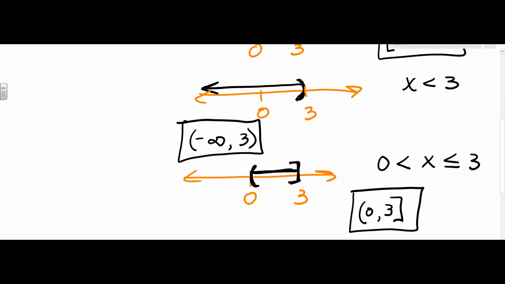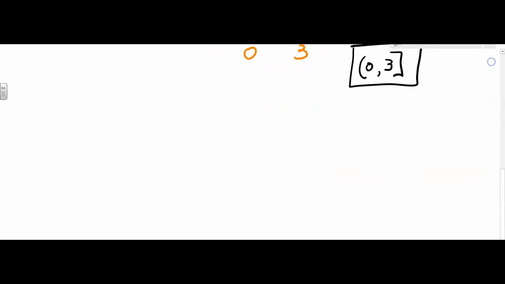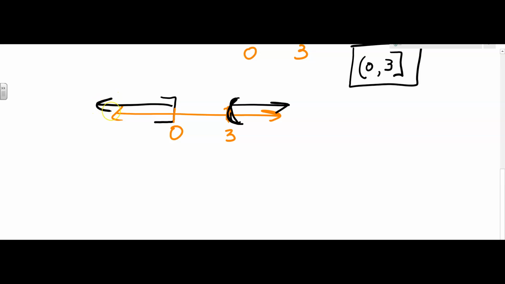Now, let's say we have a set of numbers, 0 and 3 here. And let's say we want to include all the numbers that are greater than 3, and we also want to include the numbers that are less than or equal to 0.